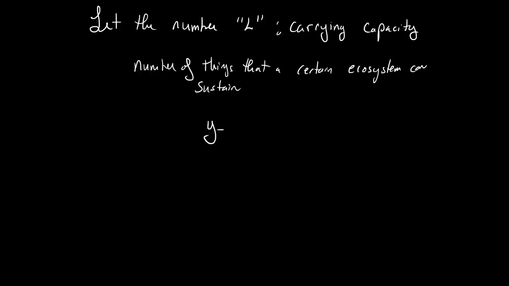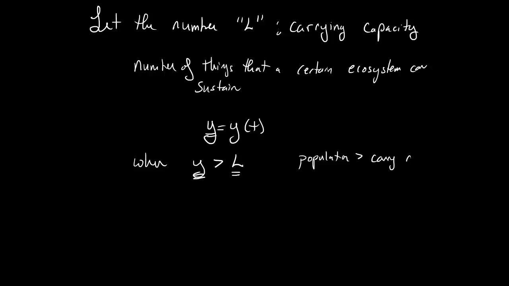So going back to this model, y is some function of t, when this population is greater than L. So the population that we have is greater than the carrying capacity. What do you think will happen when the population is greater than the carrying capacity?